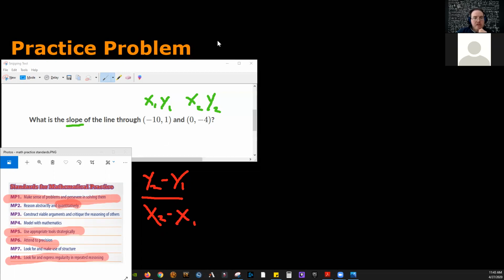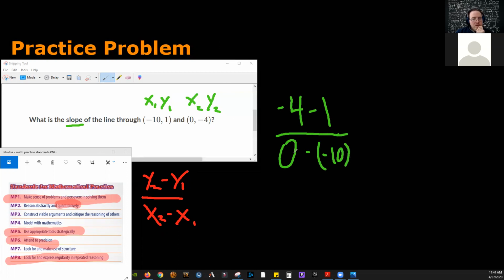So if we were going to plug these in, our y2 value is -4, so we have -4 minus our y1 value, which is just 1, over x2, which is 0, minus our x1 value. Okay, it's a -10, so we have to nest that in some parentheses.